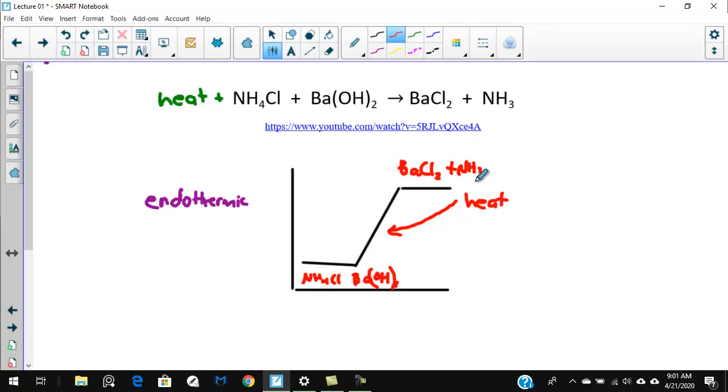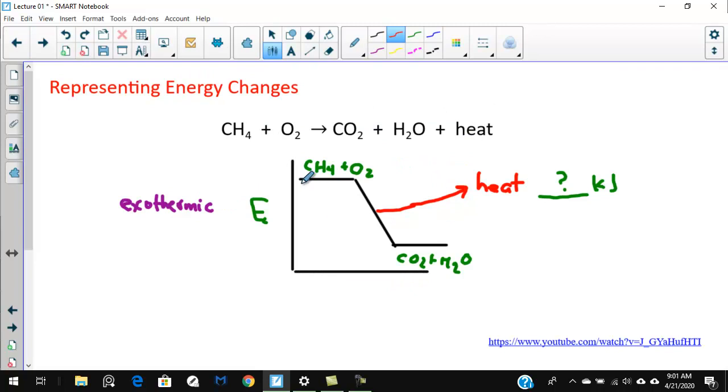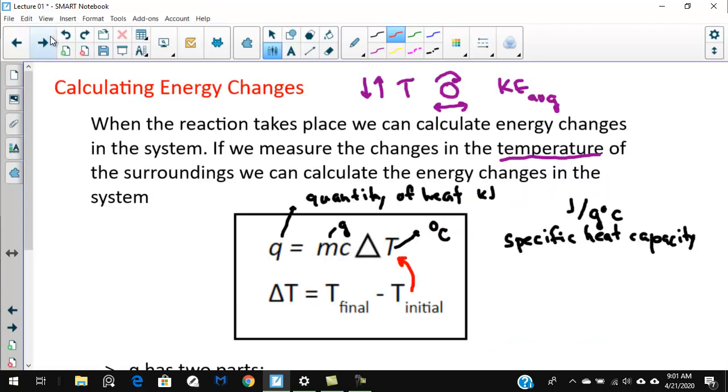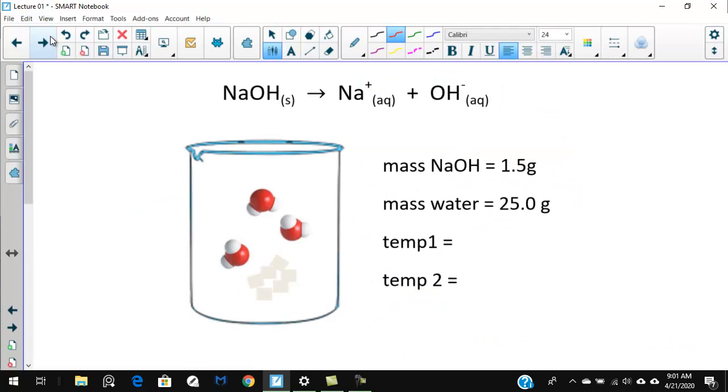And look at a few of the graphs in the textbook that show you how energies are changing. So like an exothermic and an endothermic graph. So this is the exothermic graph. Make sure that you take a look at those and kind of understand where the heat is coming from, how the reactants and products are changing. And then in the next video, we'll get into calculating how much energy is involved in those changes. And so that's where we'll pick it up next.